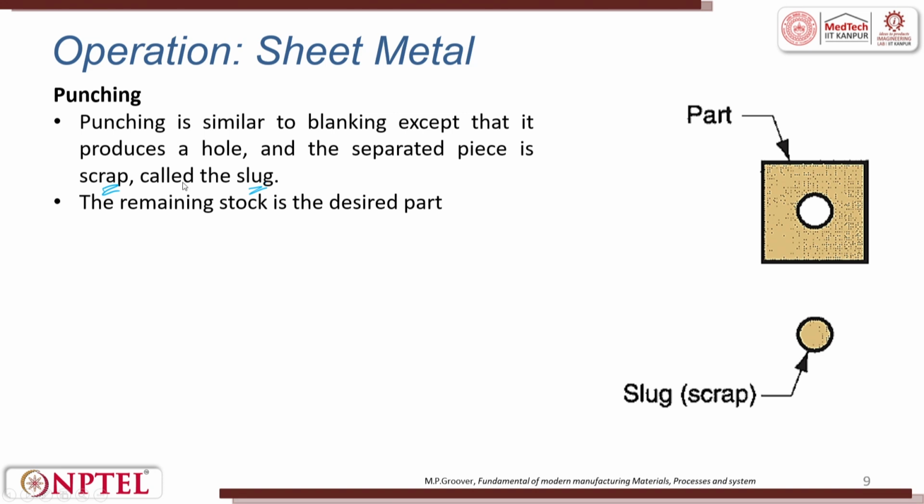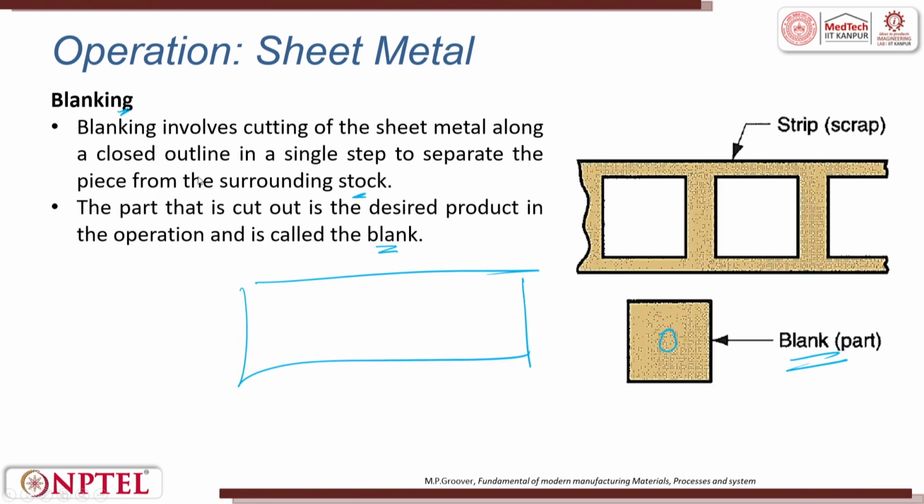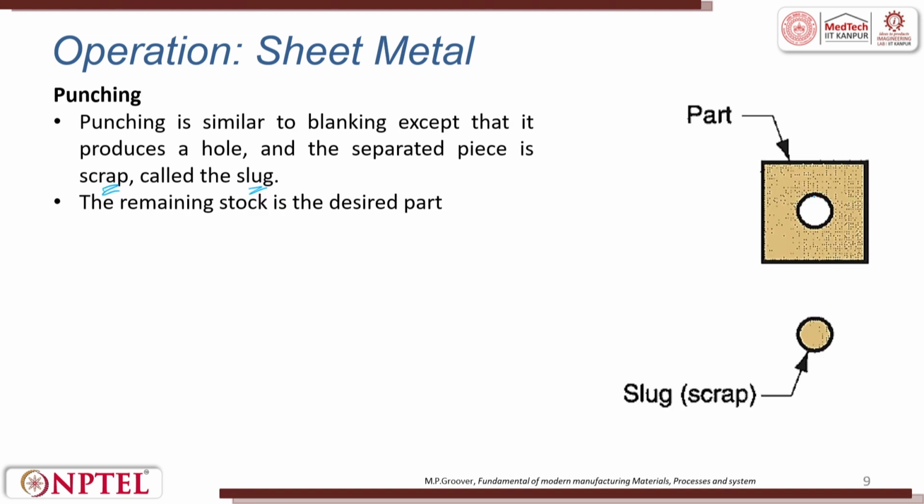In the first one, whatever came out is called a blank, which is a useful part for the next operation. In punching, whatever gets punched out is called a scrap or a slug, and you try to create a profile. The remaining stock is the desired part.